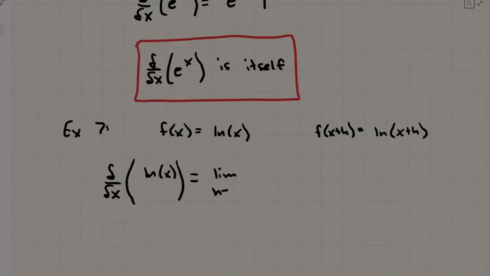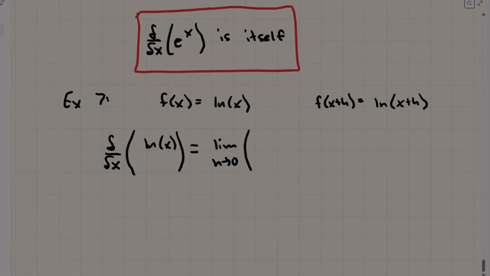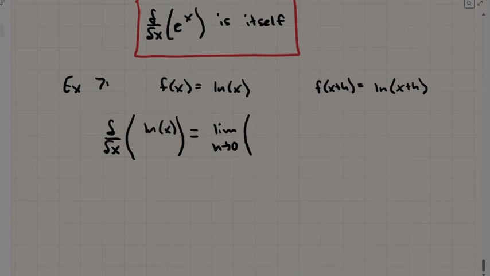is equal to the limit as h approaches 0 of (ln(x + h) - ln(x))/h. Okay.